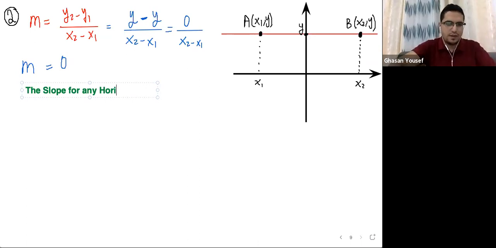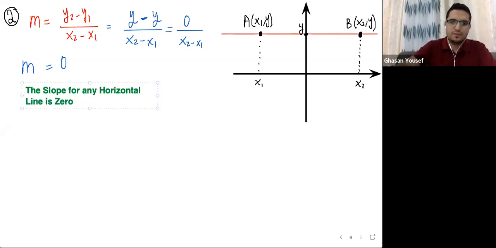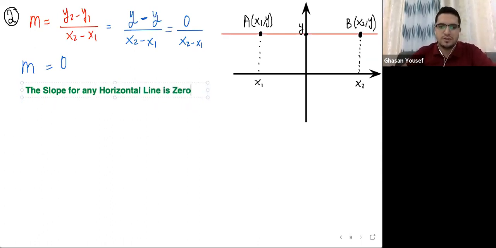So the slope of a horizontal line is 0. For a horizontal line, the slope is always 0.